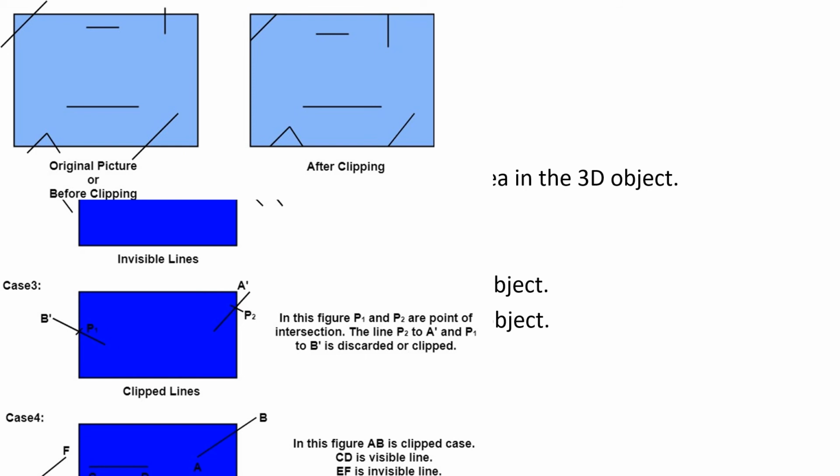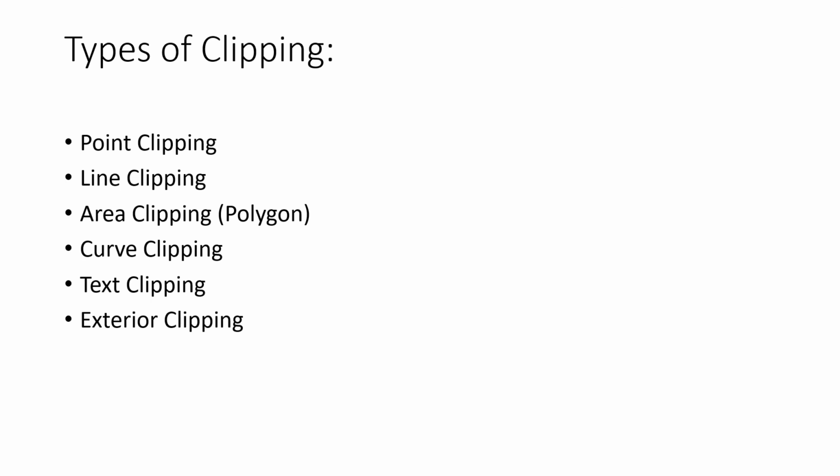Then for creating objects using solid modeling, we need clipping. Also for drawing operations related to pointing of an object, and for deleting, copying, and moving part of an object. So these are applications of clipping. We can find applications of clipping in various areas.